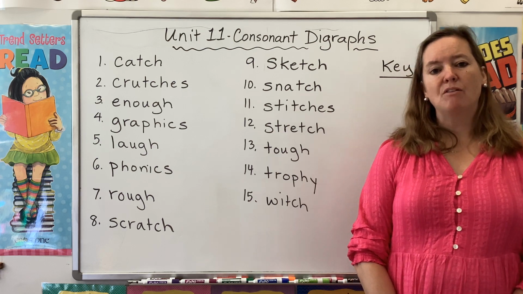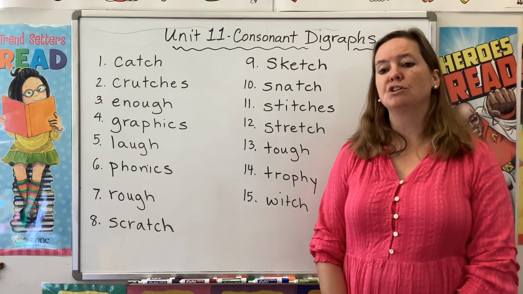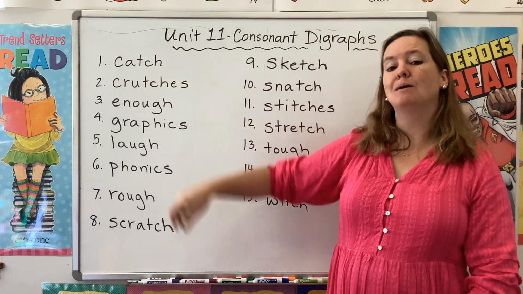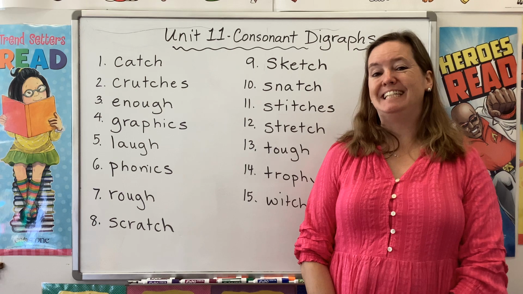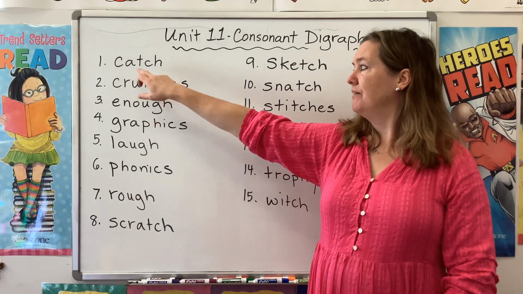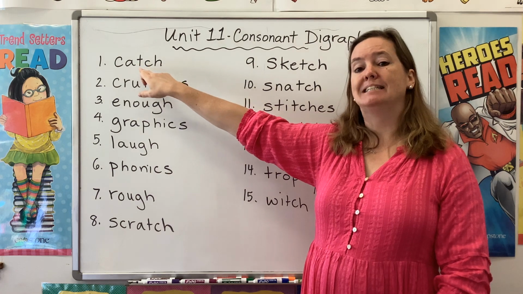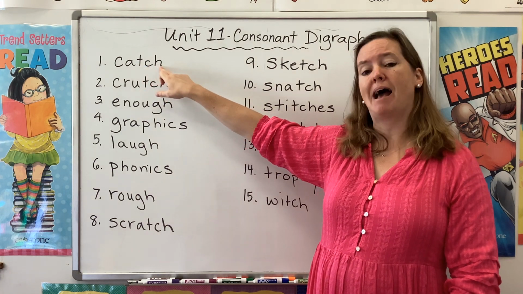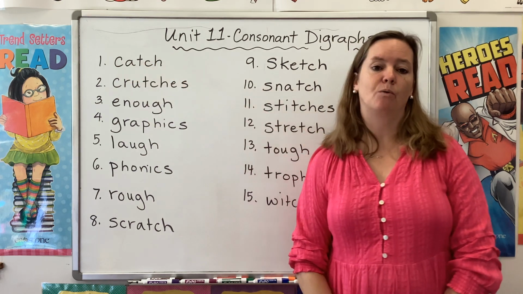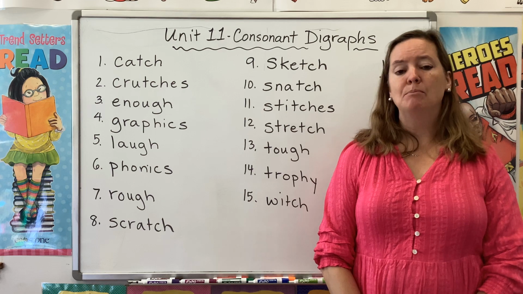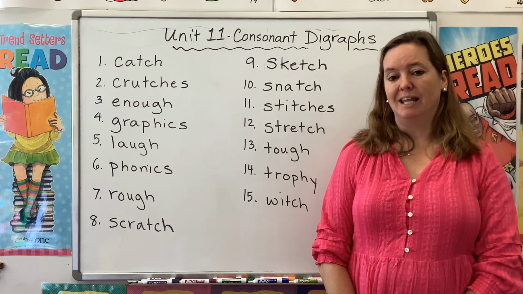So we're going to learn about those, but I also want to circle back to the CH pattern because I want you to notice that when CH shows up at the end of a word, it is often preceded by a T, okay? You'll see that TCH pattern after a short vowel. So we'll talk about that more in a minute. But before we do, let's read our list.